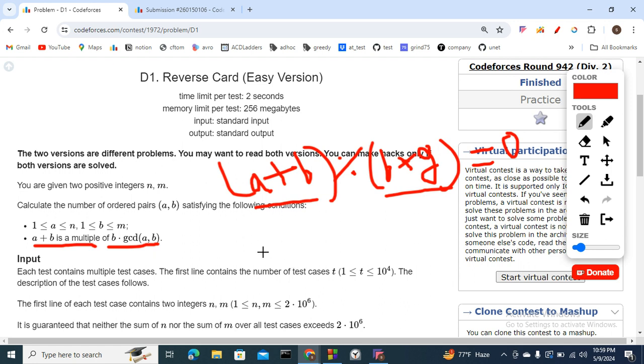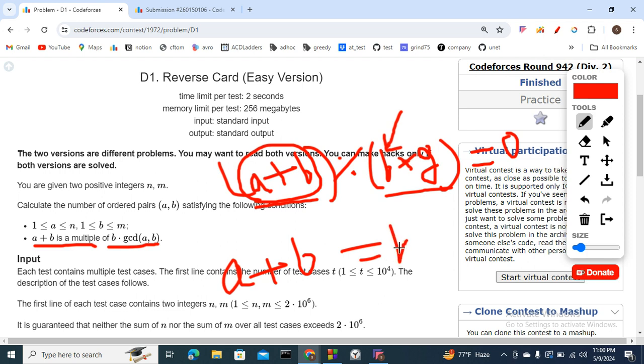Now we can see that in this part there is b. So for being a multiple, a plus b needs to be in some form k times b.